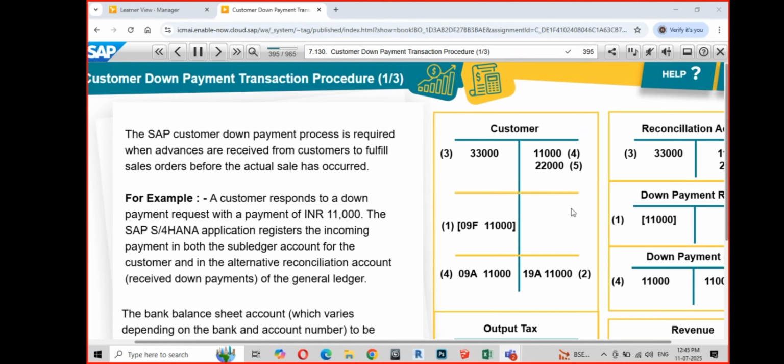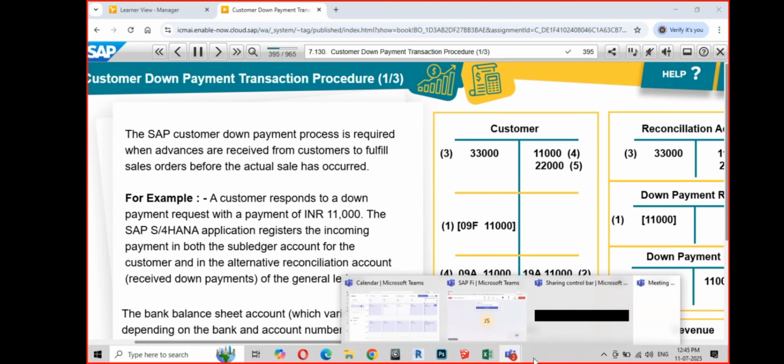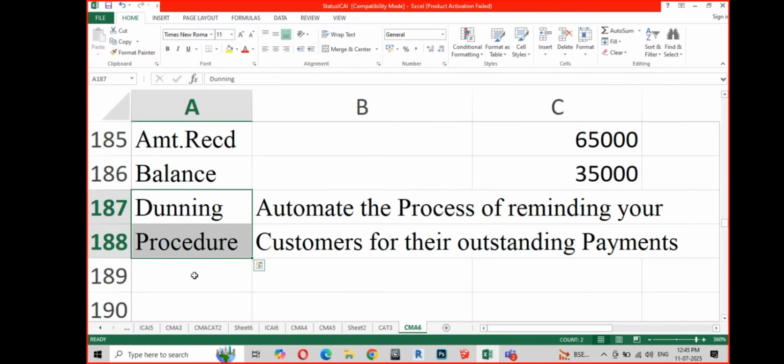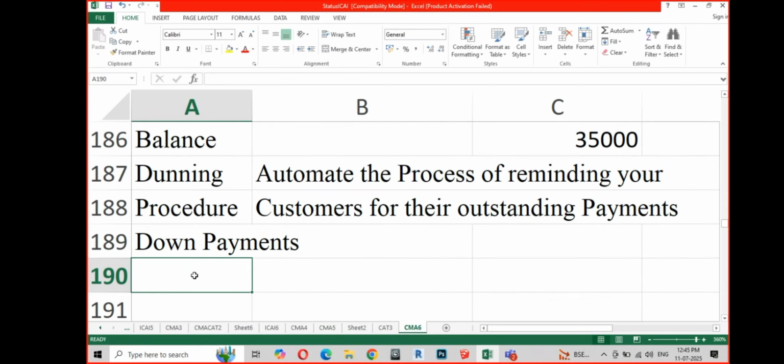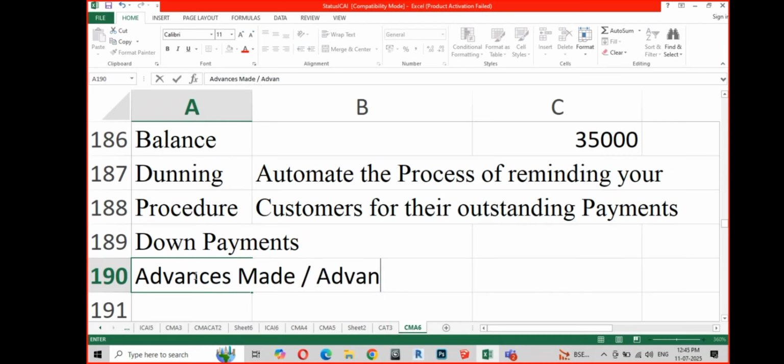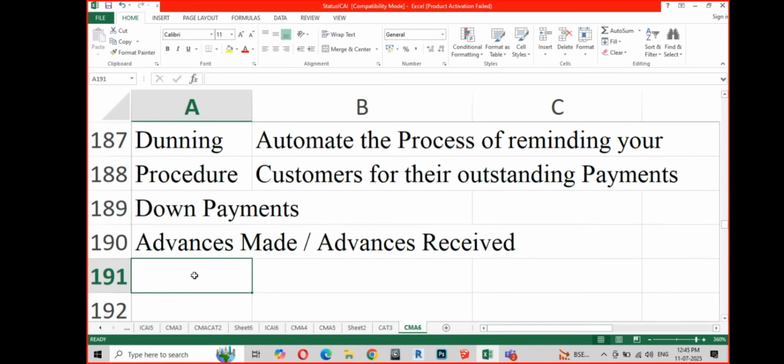Down payment is nothing but the advance. Down payment is nothing but your advances made. You can pay something in advance. Suppose the material is running out of stock.